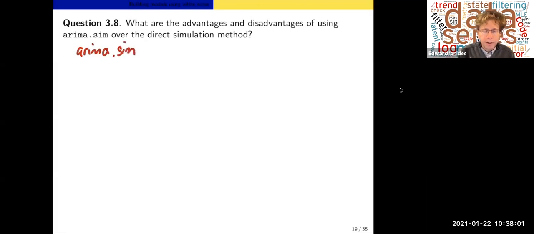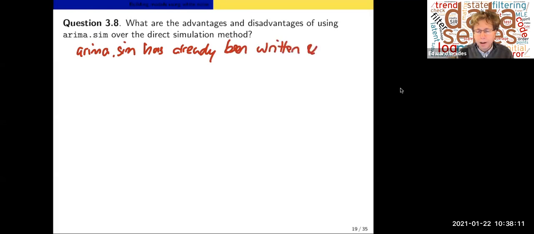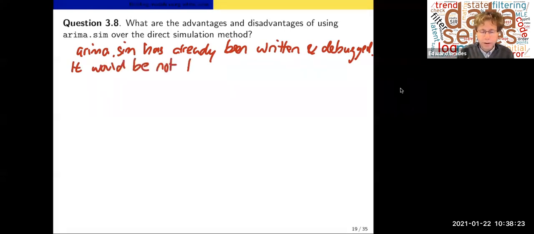Arima.sim has already been written and debugged, and it would be, I guess, not too easy to write such a general function yourself.